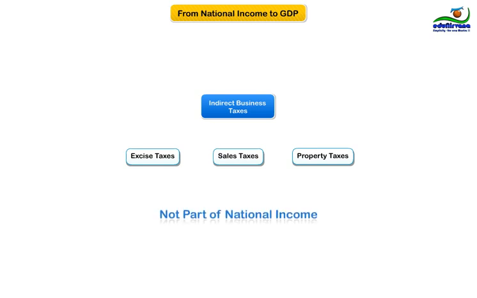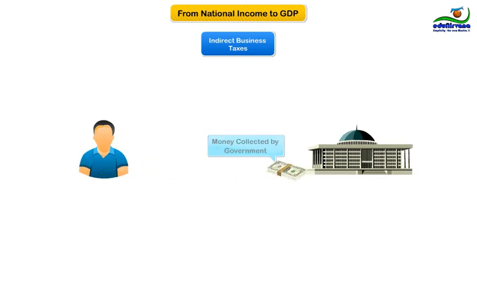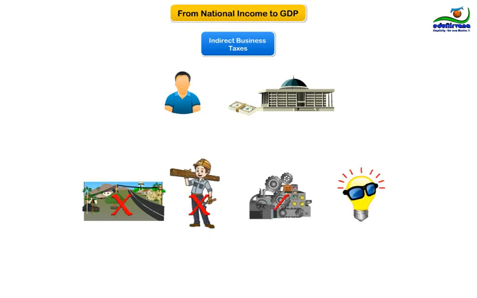These taxes are not part of national income because they are not considered a payment to any resource, land, labor, etc. You should think of them as money collected by government and not as payment to land, labor, capital, or entrepreneurship.